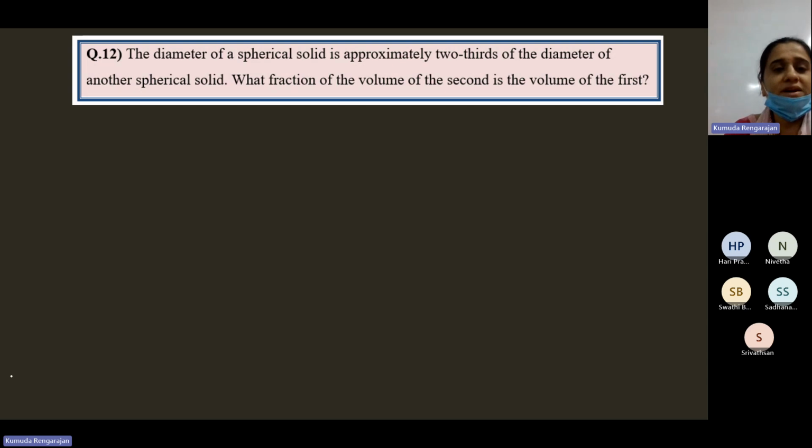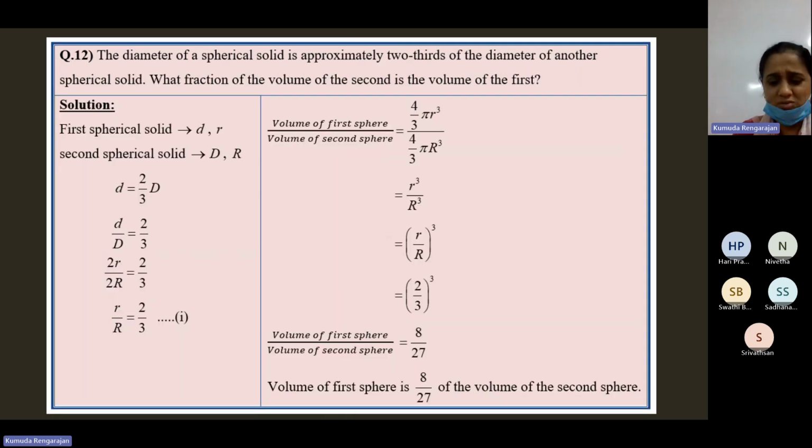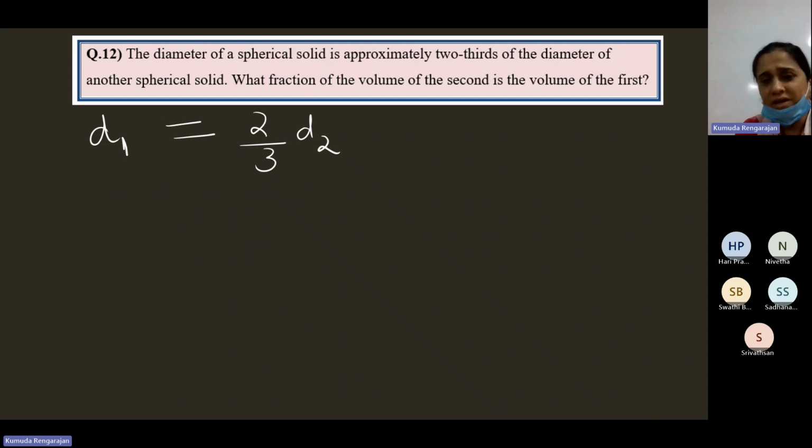So write it in words. The diameter of a spherical solid, we'll just say D1. Or you can use small d. I'm calling it D1 and D2 here.